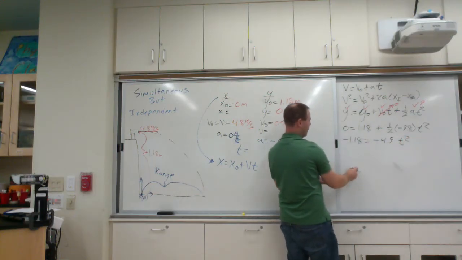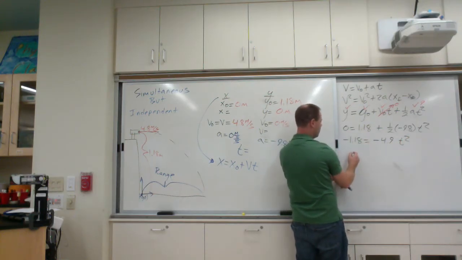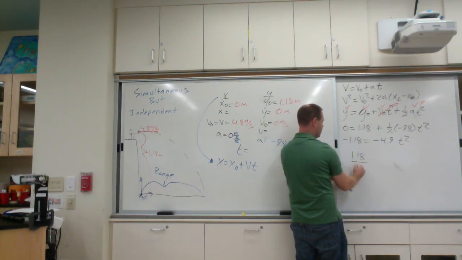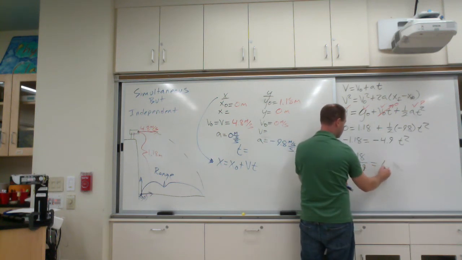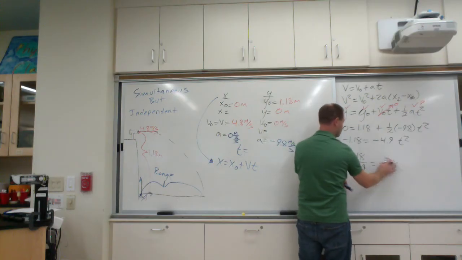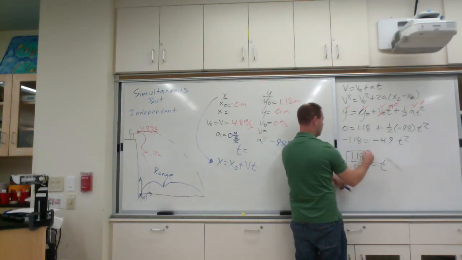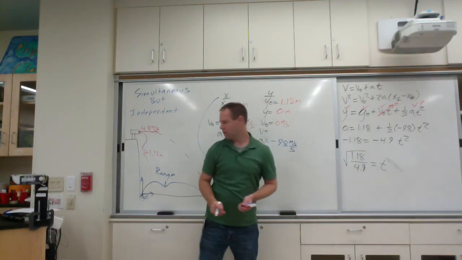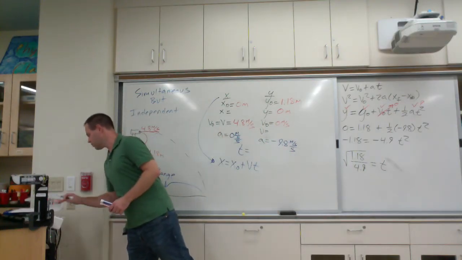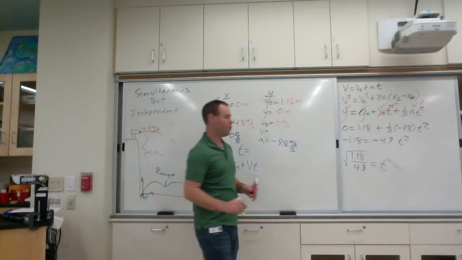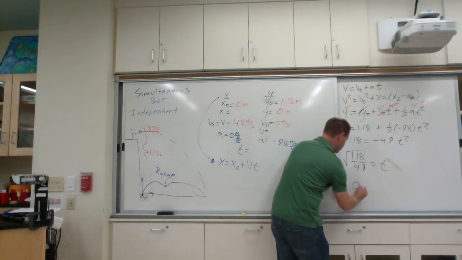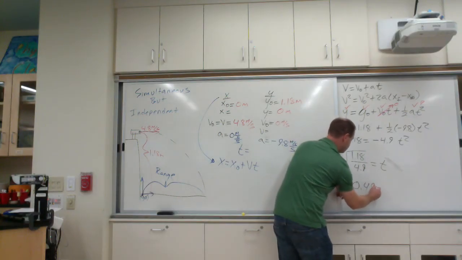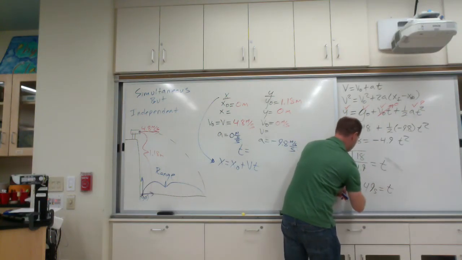Divide the negative 4.9 over, and so we get 1.18 (I'll divide the negative signs out) over 4.9 equals t squared. Square root this side, so the square root of 1.18 over 4.9 gives us a time of 0.49 seconds. So that ball is going to be in the air for 0.49 seconds as gravity pulls it to the ground.